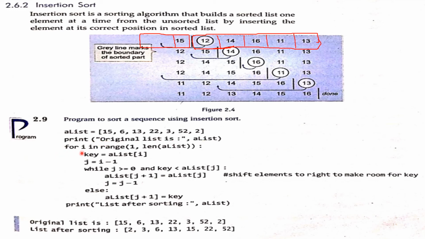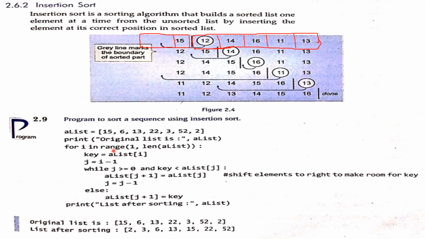We are going to start from 1, that is here. This is index 0 and this is index 1. So we will start from 1 and go till the end, that is the length of the list.